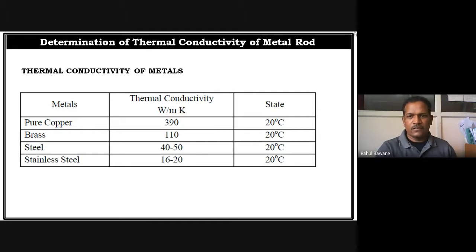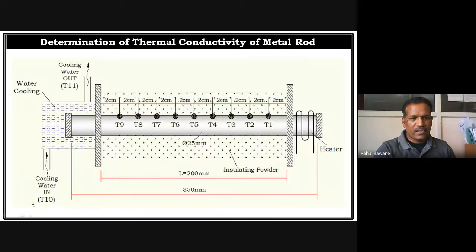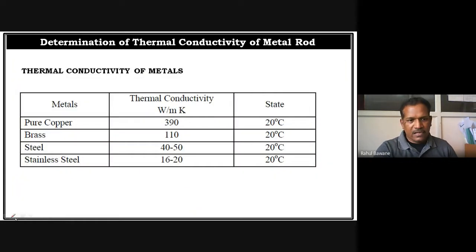When we are talking about 20 degree centigrade, our thermal conductivity is 390. Suppose I heat up this pure copper to 40 degree centigrade, its thermal conductivity will not increase, it will decrease, lesser than 390.